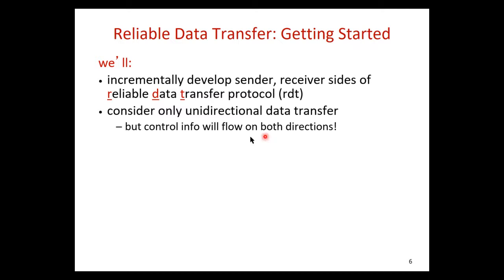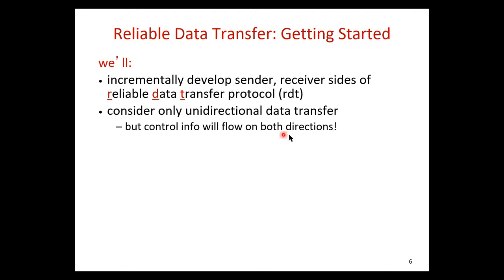In this analysis, we will consider only unidirectional data transfer, meaning that we will consider a sender and a receiver. However, this does not limit the general applicability, because if you need bidirectional reliable data transfer, you just implement the sender and the receiver at both endpoints, so you have data flowing in both directions.